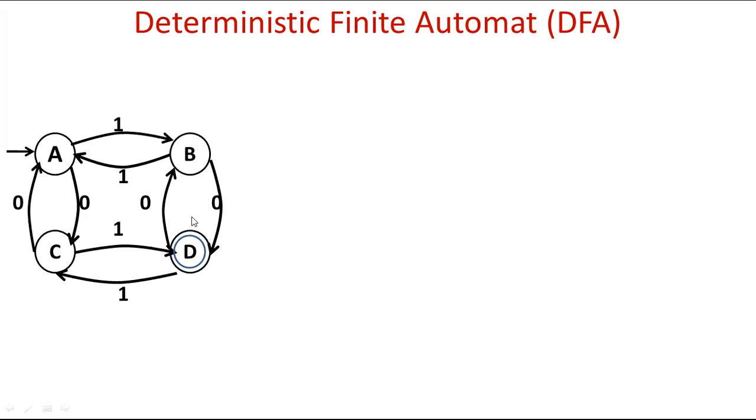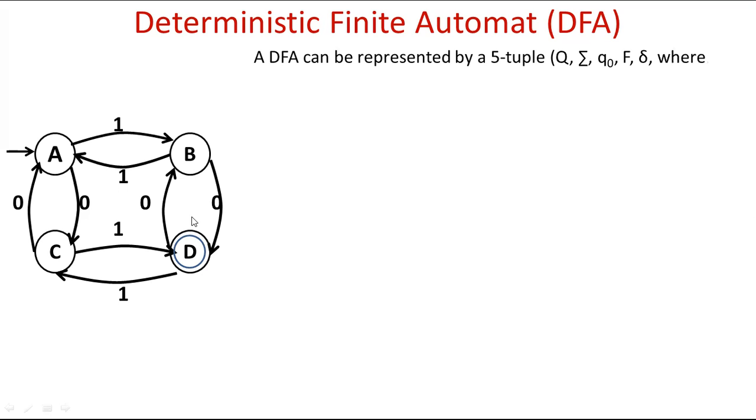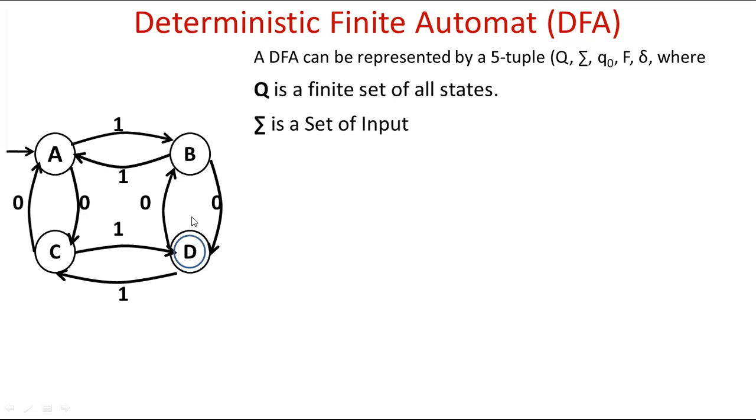Now let us go to the formal definition of the deterministic finite automata. Every DFA can be defined using 5 tuples: Q, sigma, Q naught, F and delta. Let us see what these 5 tuples mean. First, Q is the set of all the states. Second, sigma represents the inputs.